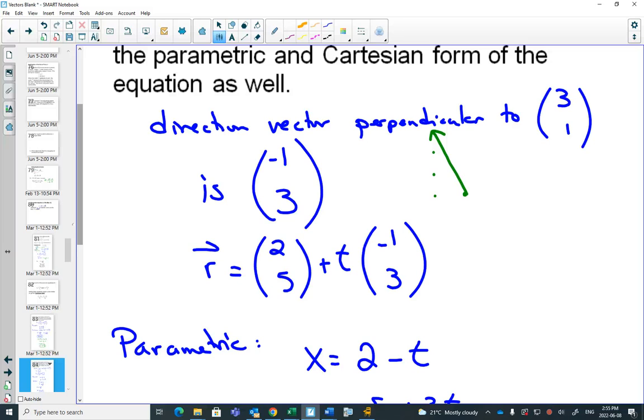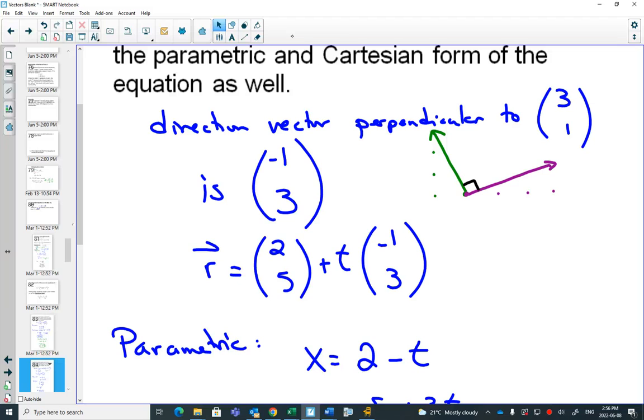Now 3, 1, which I'll do here in purple, would start here, go 3 in this direction, and 1 up. Can you see that that would be perpendicular? It could be +1 and -3.